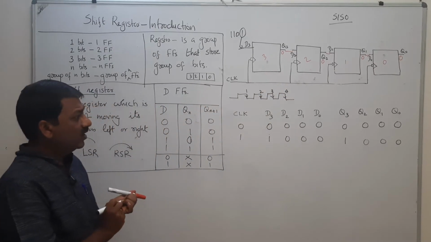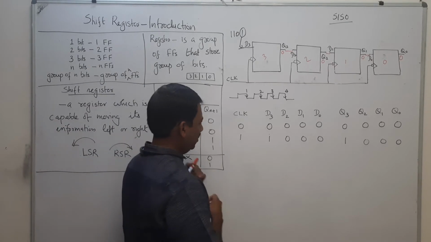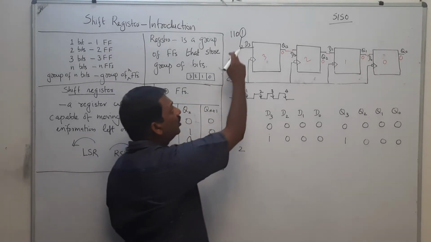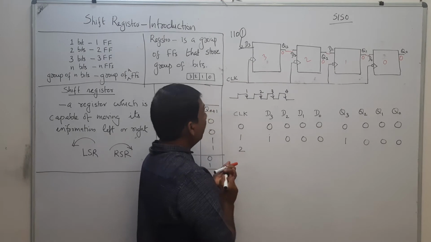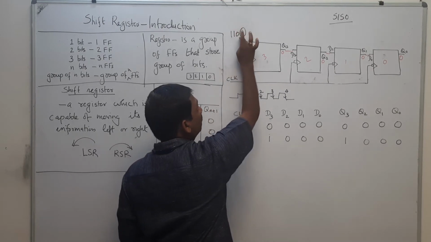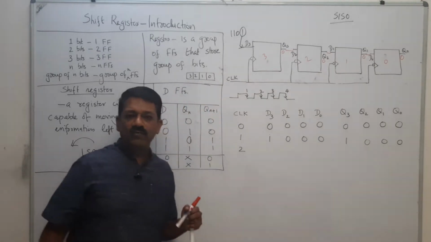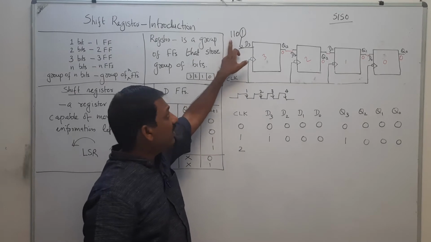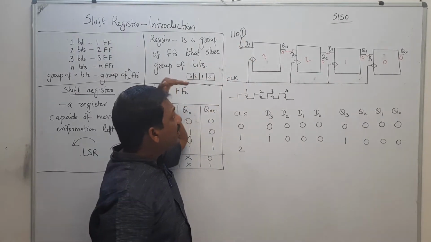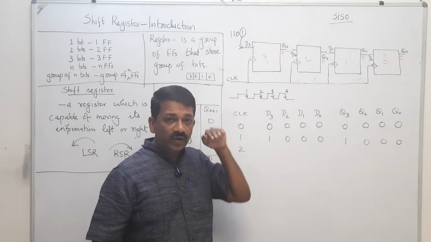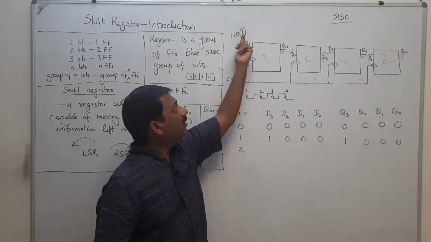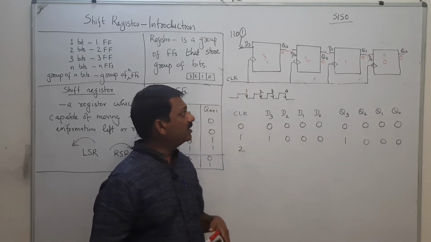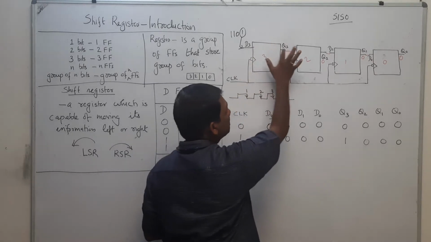When the second trigger occurs, I am going to store this 1101 into the 4 flip flops in a serial fashion. This is the most significant bit and this is the least significant bit, and I provide them one by one. During the first clock pulse, I gave this 1 as D3.